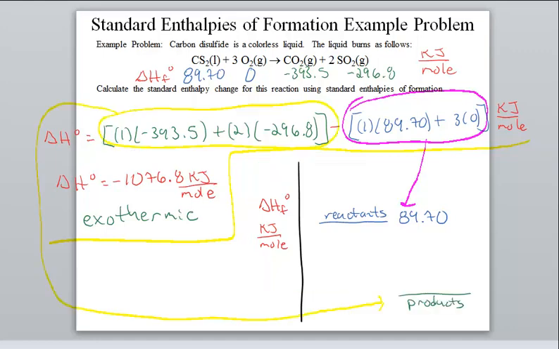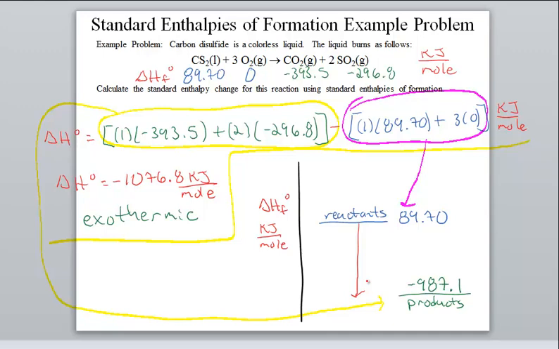The sum of those three molecules is negative 987.1 kilojoules per mole. So the theoretical enthalpy change: we start at 89.7 for the reactants, and the products are at negative 987.